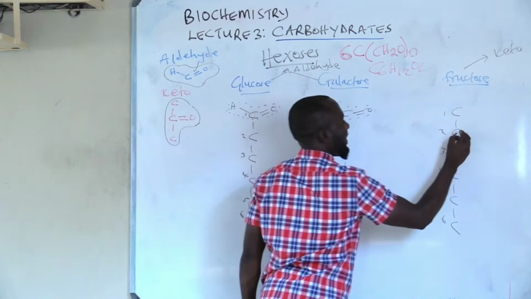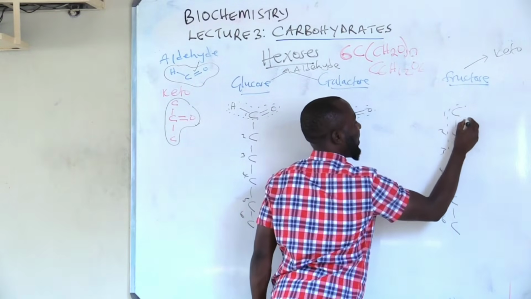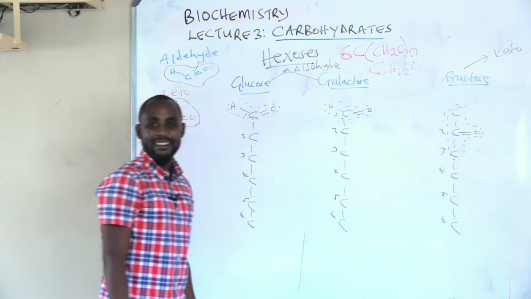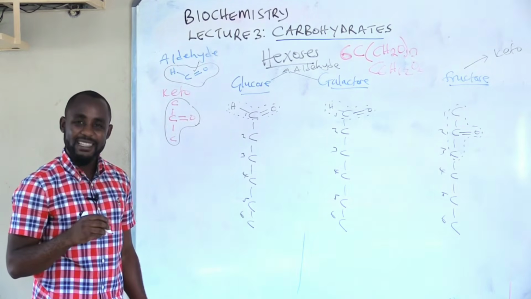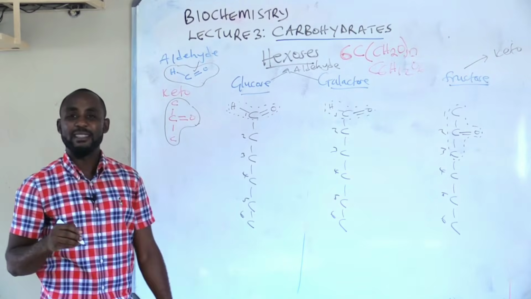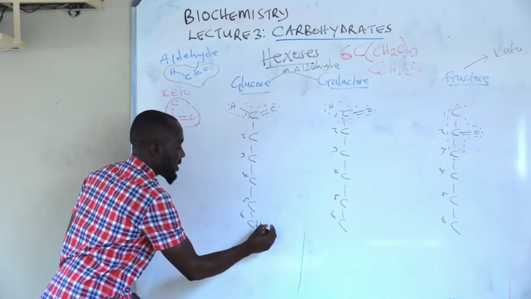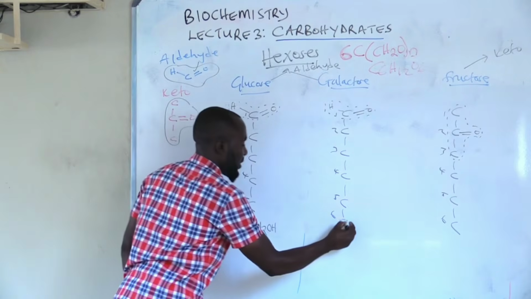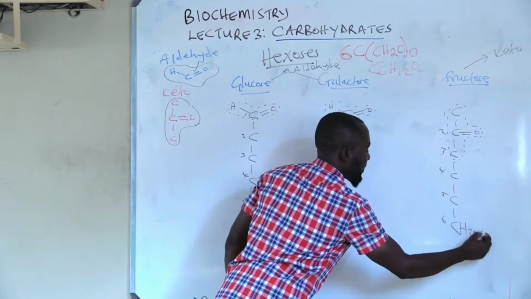For fructose, number 2, you can see that this structure is a keto. The next thing you need to remember is the fact that all the 3 sugars on carbon number 6 are attached to CH2OH.